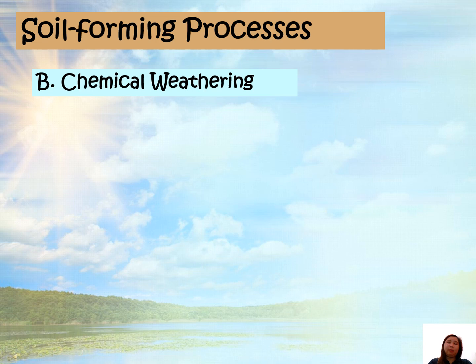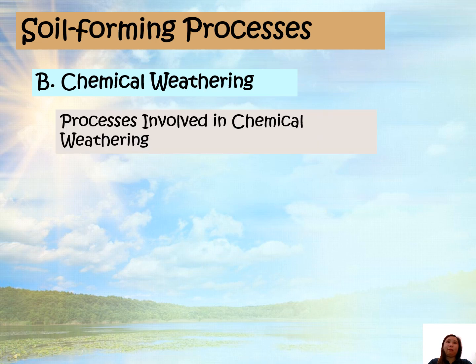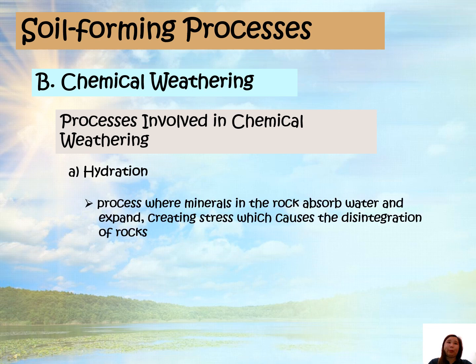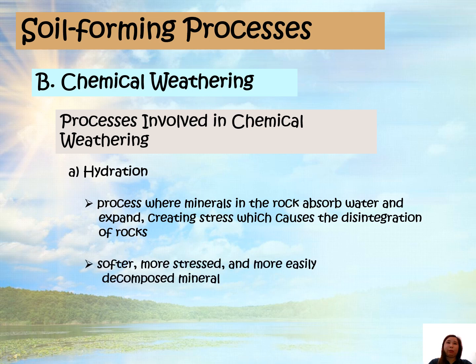So let me discuss now the different factors or different processes involved in chemical weathering. One is hydration. Hydration is a process where minerals in the rock absorb water and expand, therefore creating stress which causes the disintegration of rocks.